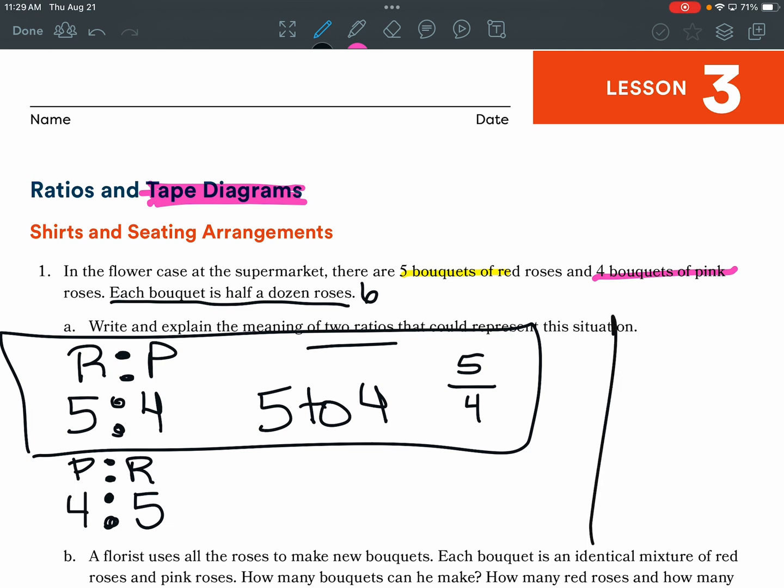Okay, this has a big fat star beside it for a reason. I star stuff not because I'm artsy or because I like pretty things. Okay? I star stuff because it's on your exit ticket. Your exit ticket, question A. You have to write the ratio 2 different ways.